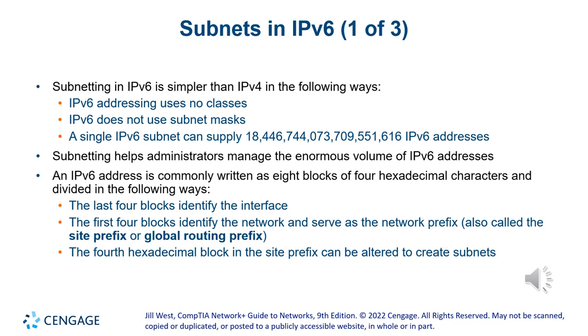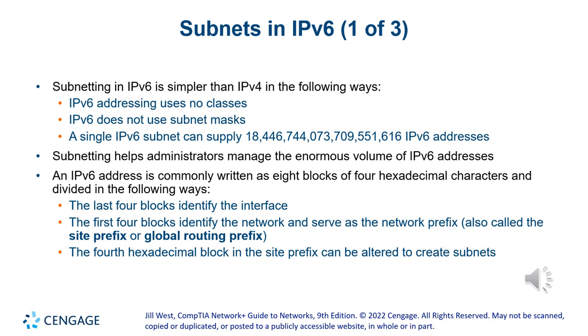That's the number of IP addresses available in IPv6. Quite a bit. So IPv6, remember, was 8 blocks of 4 hexadecimal characters, right? We say characters because it has numbers and letters, so it's not a hex number, but it is a hex number. But it's divided into two sets.